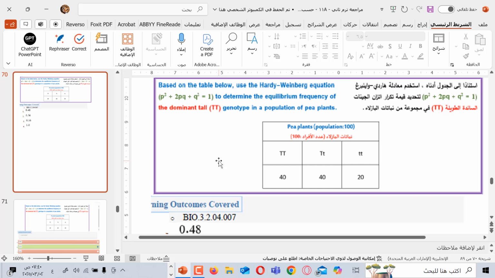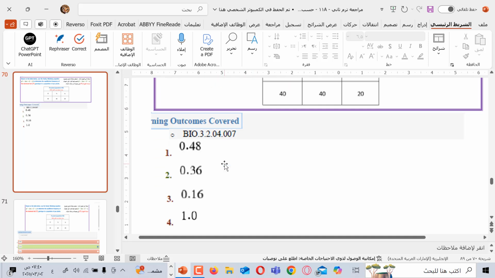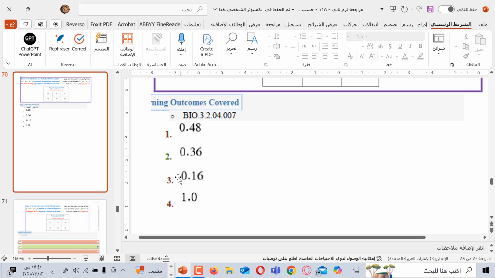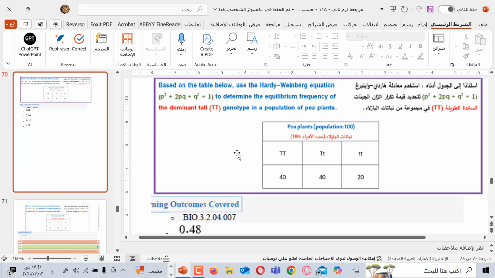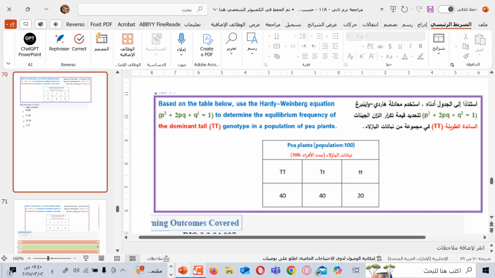Maybe one of us would call T capital 40, multiply it on 100, and it will give us 0.4. But 0.4 is not true, it's 0.36. How did this happen? Let us see how this happened.